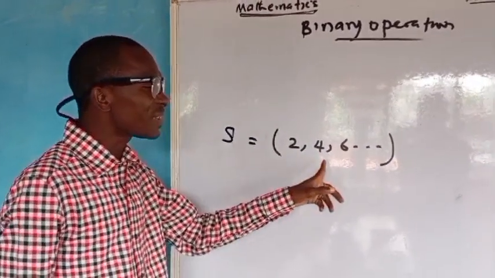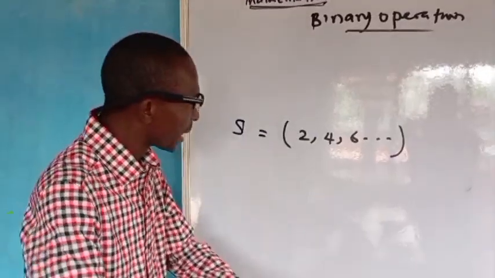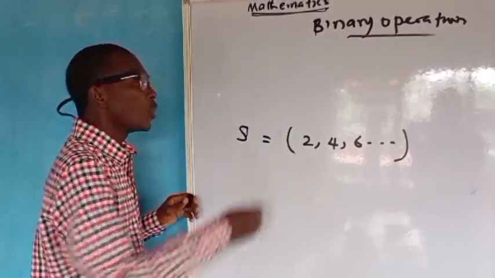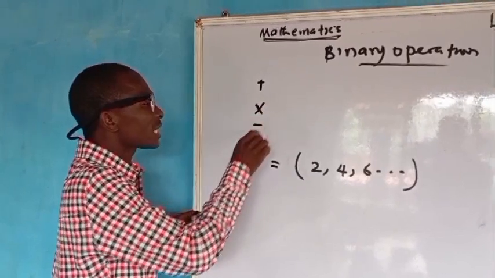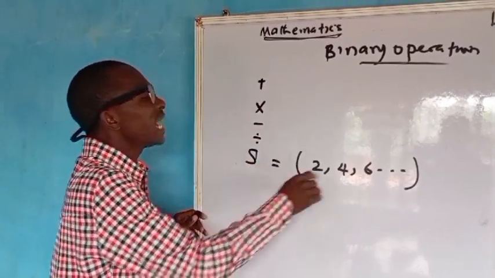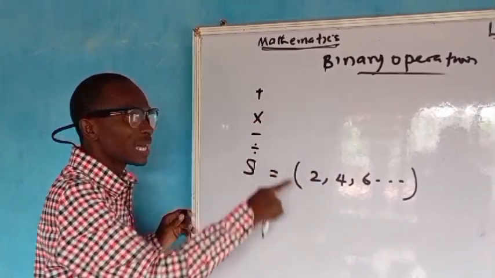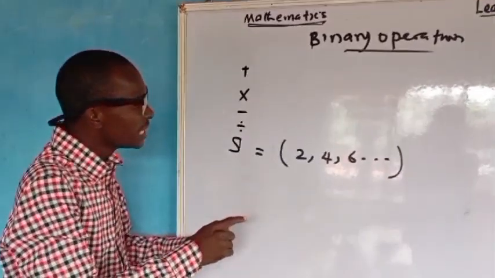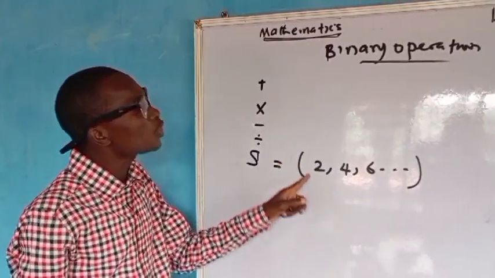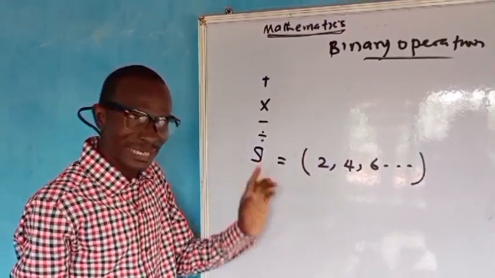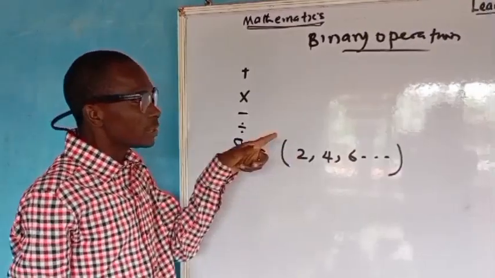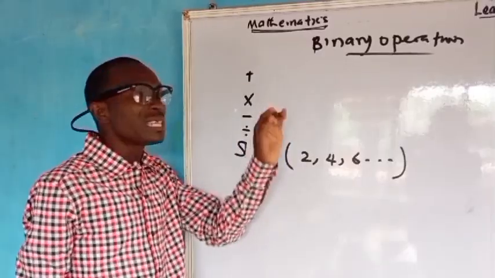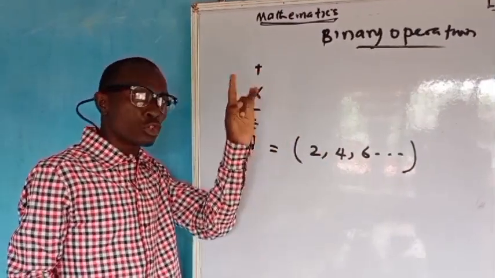Now, if you look at this set very well, how do we go about it? We have addition, multiplication, subtraction, and division. Now, if I want to define binary operation, let me show you something. In this place, we define this set under a given operation.